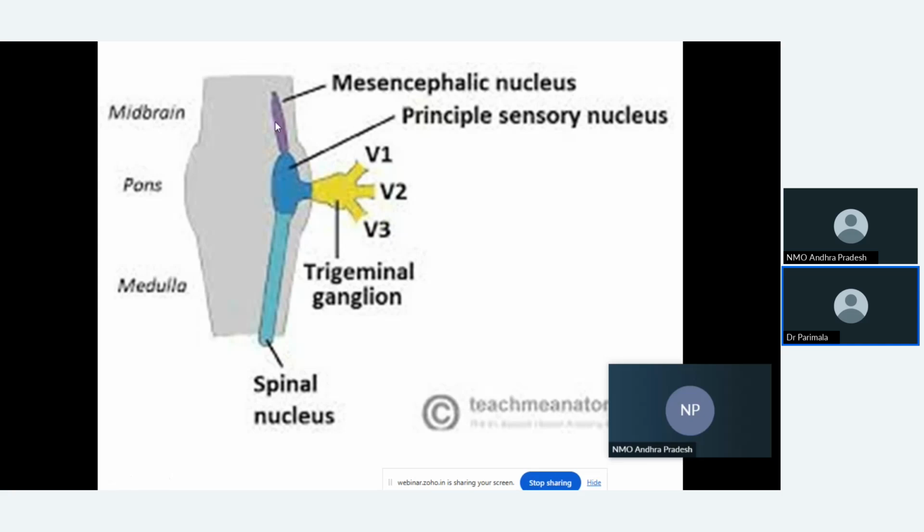This is the reason why we have three nuclei. This is for proprioceptive information, this is for general touch sensation, and this is for pain and temperature. That is the reason why we have three nuclei. All are nuclei of the trigeminal nerve, and they relay in these nuclei depending upon the sensation that is being received from the head and neck region.